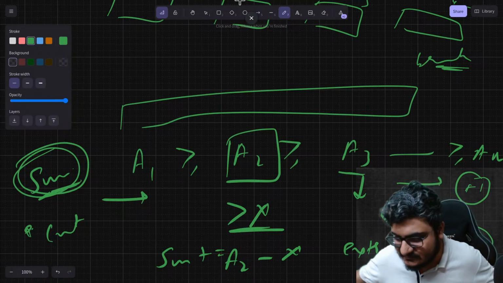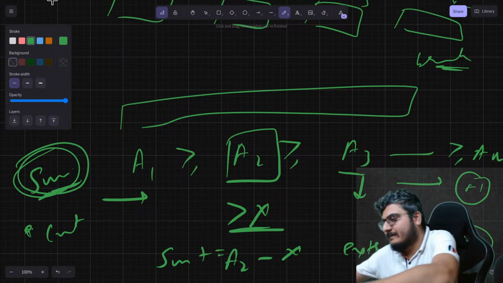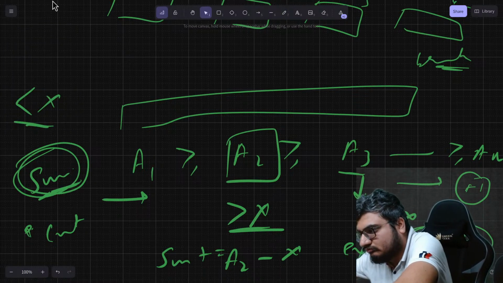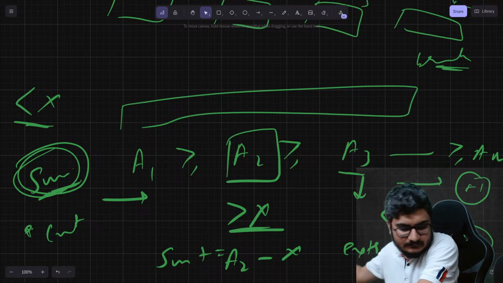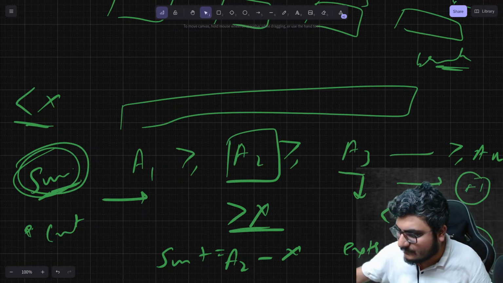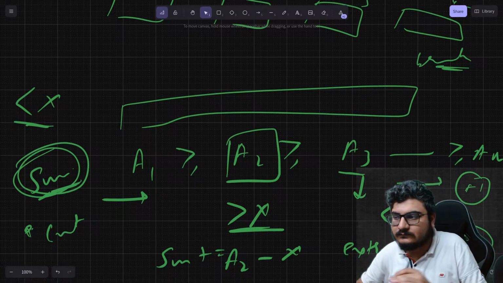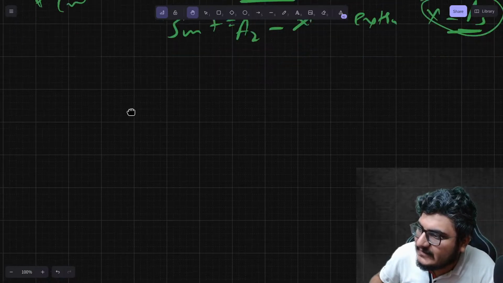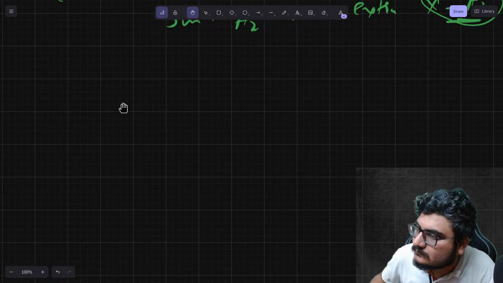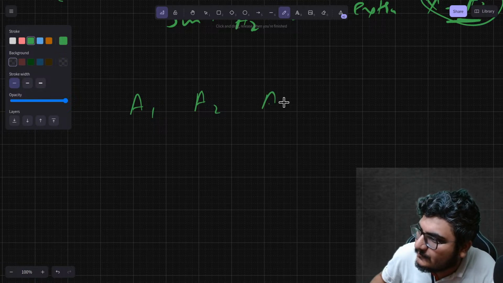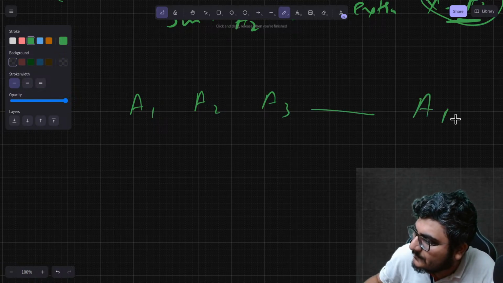What the statement says to us is we have been given an array A1, A2, A3 up to AN.